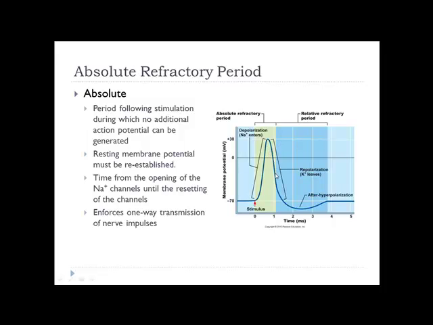It needs to begin to repolarize, and once the repolarization has begun and the potassium has left, boom, it can fire again, and again, and again. The relative refractory period means that the nerve is not going to fire unless it has a large stimulus. Absolute means the nerve cannot fire until the potassium has begun leaving the cell.